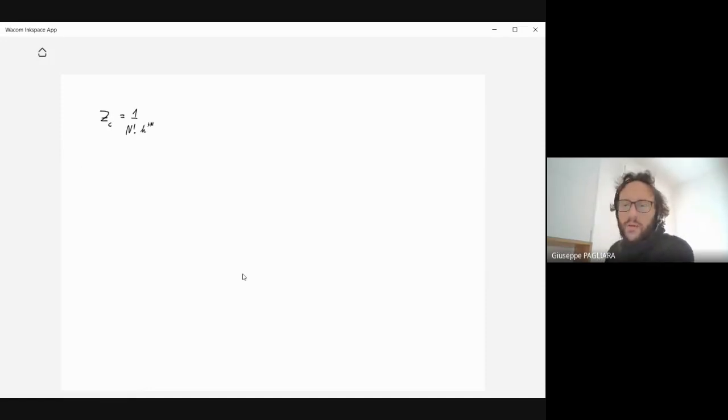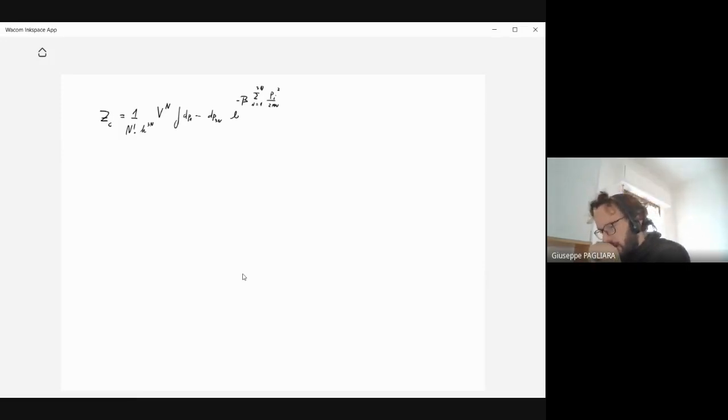Then I integrate over the coordinates and I get a volume to the power of N. And then I have the integral dp_1 ... dp_3N, and here I have e to the minus beta times the Hamiltonian, which is the sum from i equals 1 to 3N of p_i squared divided by 2m.